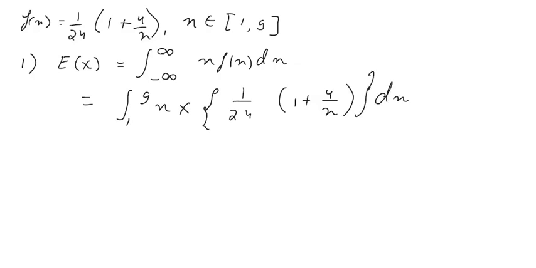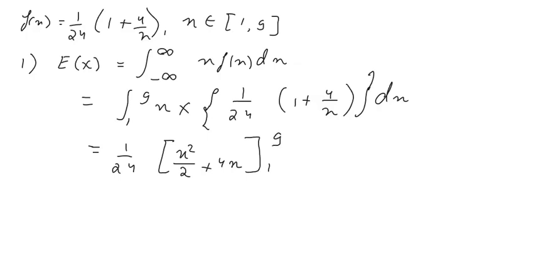Now solving this, we will get 1/24 (x square by 2 plus 4x) from range 1 to 9, upper limit minus lower limit.